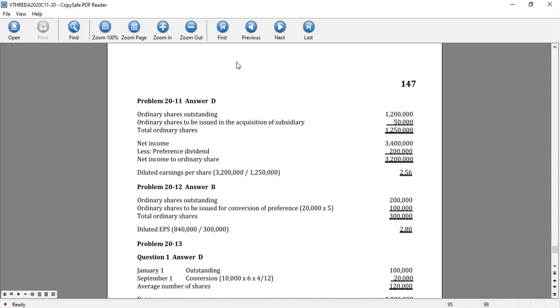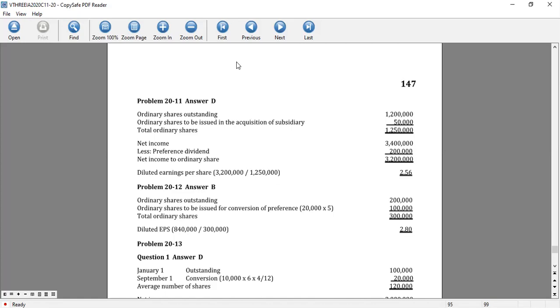So diluted earnings per share is net income to ordinary share, and then we divide it by the number of shares outstanding of 1,250,000. Now you get 2.56. The answer is letter D.